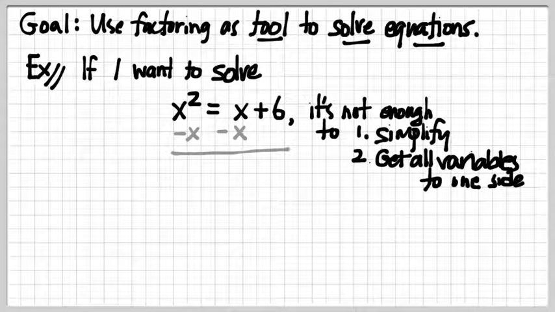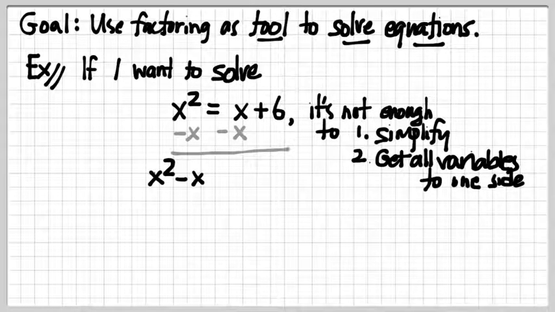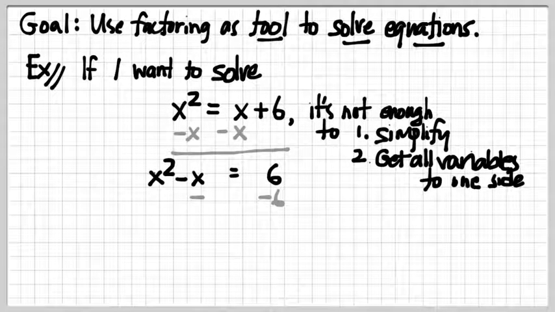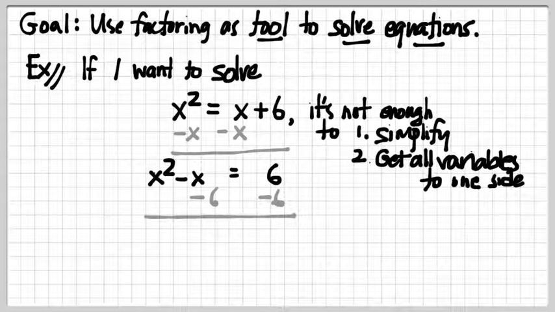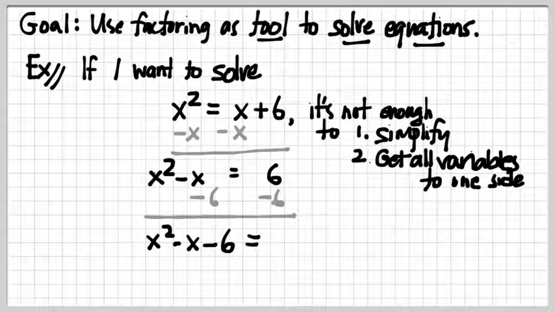This is a polynomial subtraction of the kind that you just practiced a few minutes ago. But because those are not like terms, how do we do x squared minus x? We don't. We just leave it as x squared minus x. We can't make that any simpler. And then likewise, when I subtract 6 from both sides, I also can't do anything to make that any simpler either. x squared minus x minus 6 is equal to 0.